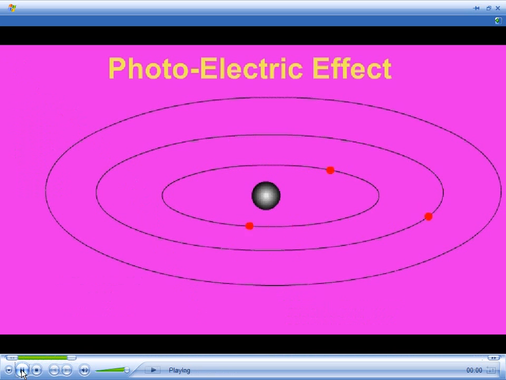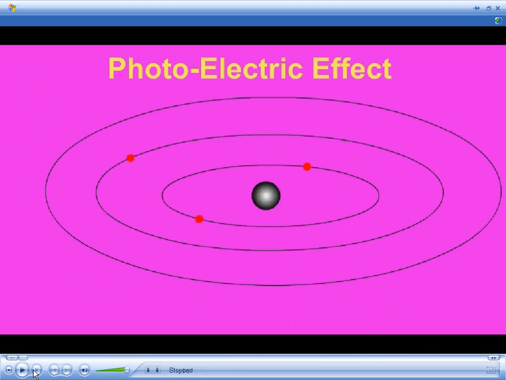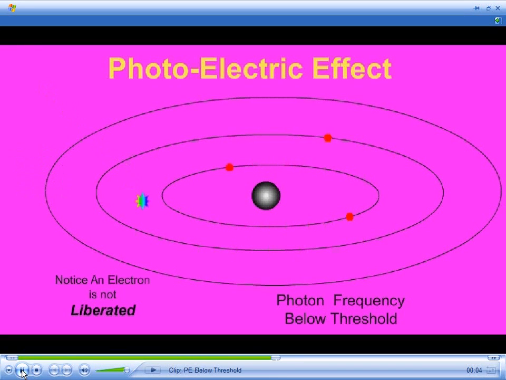In both cases, the photon will come in, strike the electron, but there will be two different effects. In the first demonstration, the frequency of the incoming photon is less than the energy required to liberate the photoelectron. So the photon comes in, strikes the electron, but doesn't have enough energy, so it bounces away. And the situation doesn't change for the lithium atom.